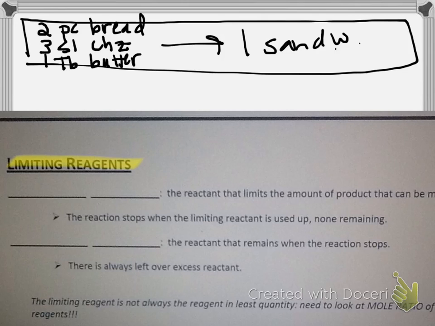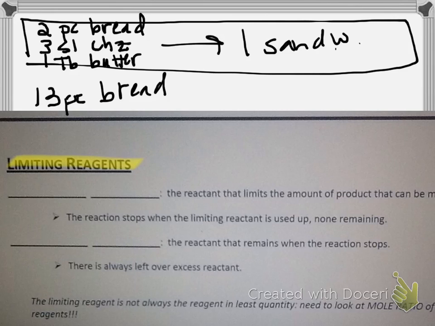Let's say you go to your cabinet, your cupboard, you go to the refrigerator, and here's what you've got. You've got 13 pieces of bread, slices of bread, I should say.